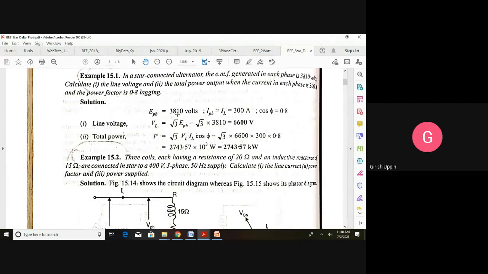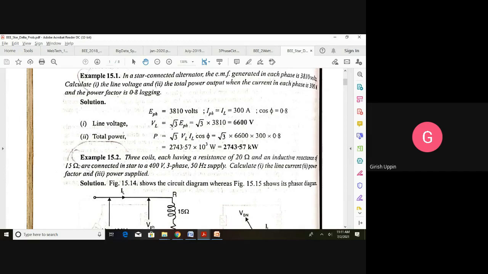E phase is 3810 volts. The phase current is given. I phase is equal to IL. Why? It is a star connected load. I phase is equal to IL is equal to 300 amperes, cos phi is 0.8. Now, in case of a star connection, we know the relation between the line voltage and the phase voltage.